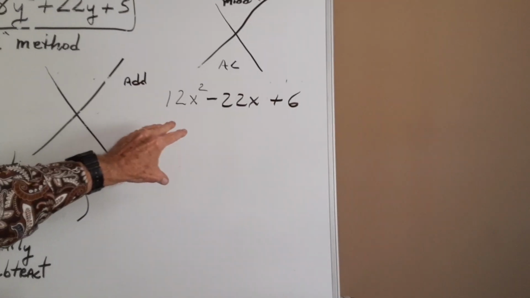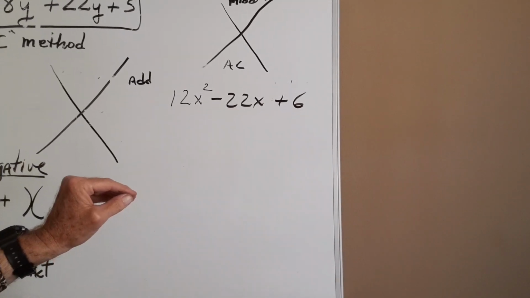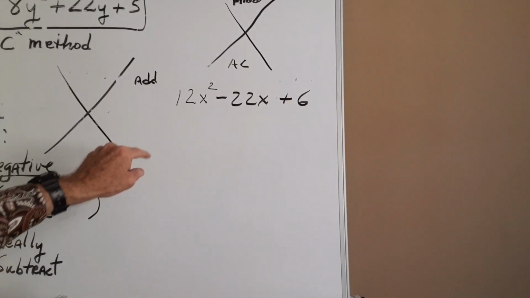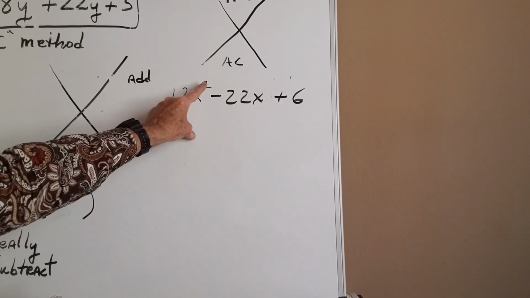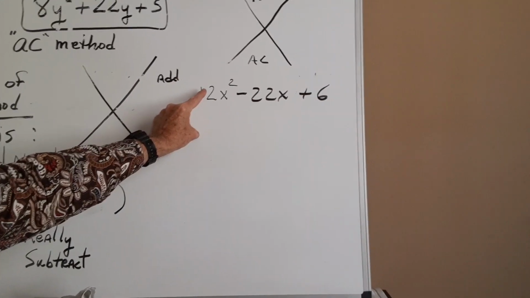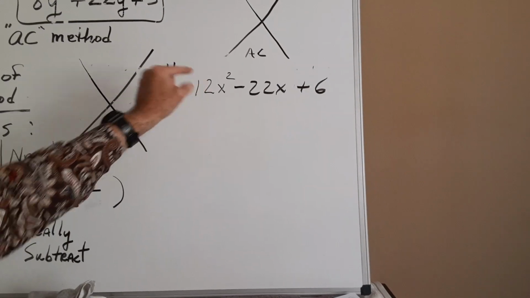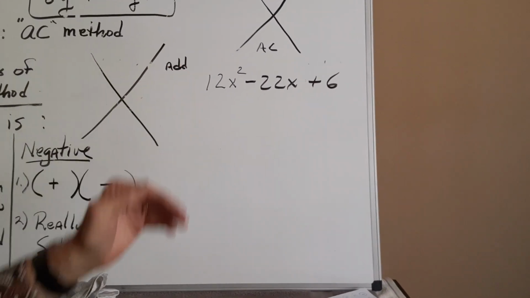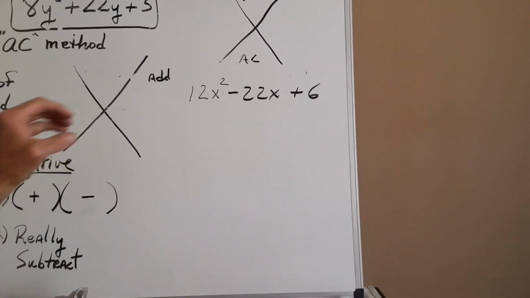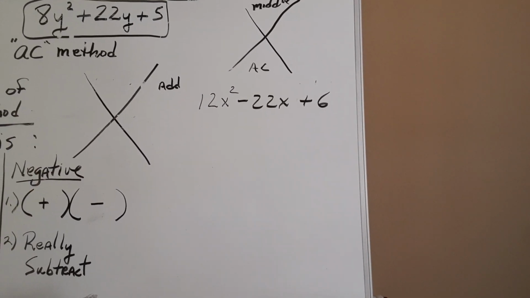Before I go to this step, when we take a 2 out of this trinomial, the coefficient of this quadratic term is going to become a 6, because 12 divided by 2 is 6. And that 6 is going to demand that we use AC.